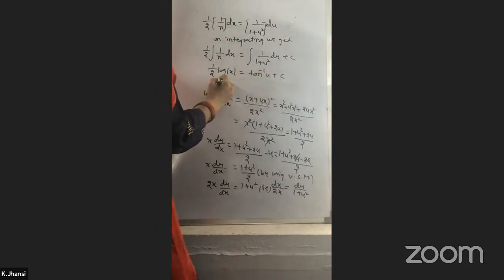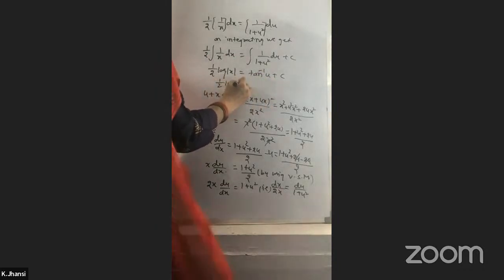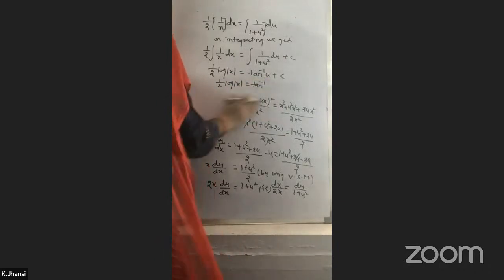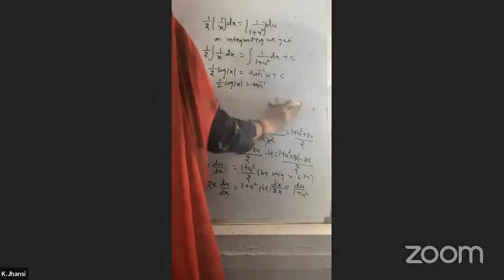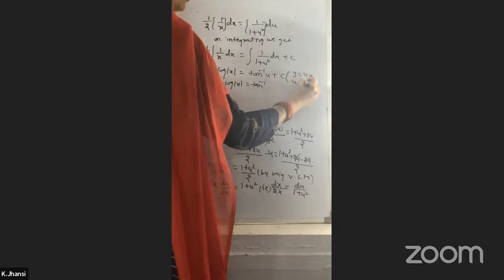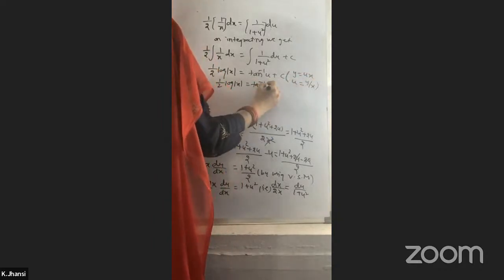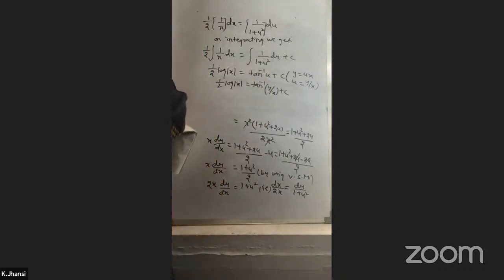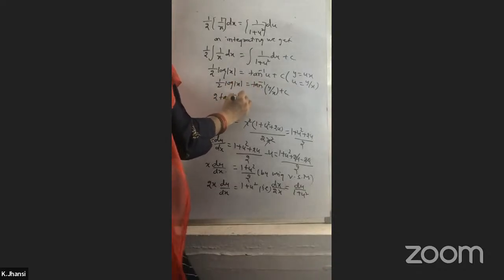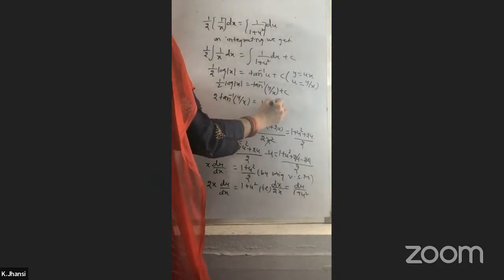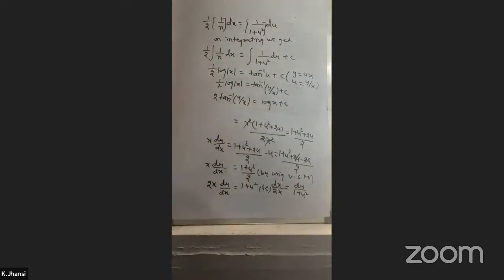So now (1/2) log|x| is equal to tan⁻¹u plus c. At the starting we took y = ux, so u value will be y/x. You can keep it like this only, or else take the 2 to this side, and it will be tan⁻¹(y/x) equals log x plus c. I have just interchanged that.